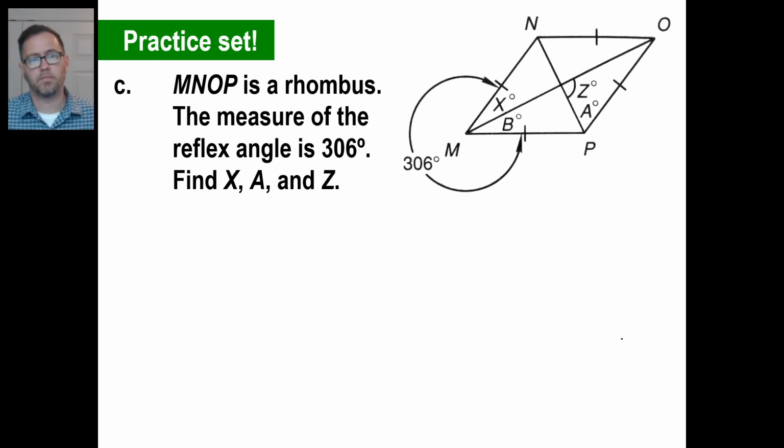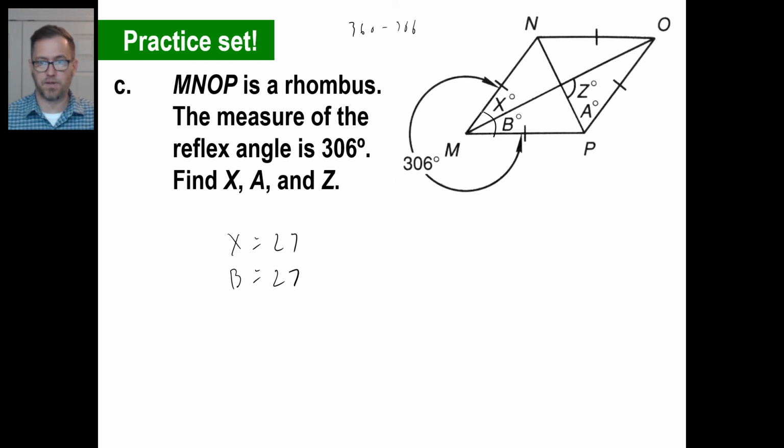All right. If the measure of the reflex angle is 306, the entire thing is 360. Minus 306 is 54. So x plus b will be 54, which means x will be 54 divided by 2, which is 27. B is also 27.